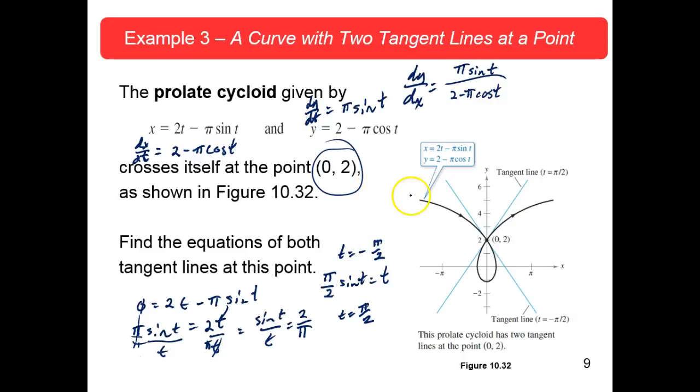And since you see these curves are coming in like that and going out like this, the incoming must be at t equal minus pi halves, and the outgoing one must be where t is equal to positive pi halves. Now they don't intersect again. Those are the only two places that are going to cross that point, 0, 2. Now that, to me, is not very satisfying, but at least it gives me that.